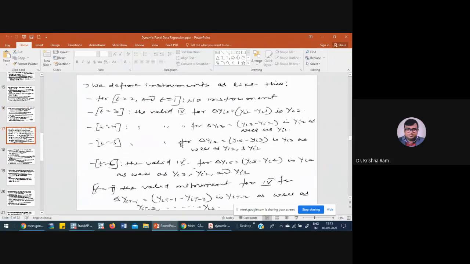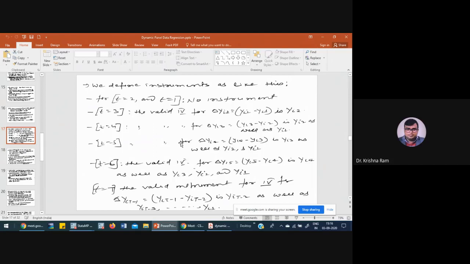So this one. Arellano-Bond define instruments like this. For t equal to 1 and t equal to 2, there is no instrument.